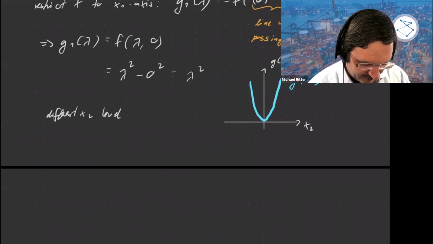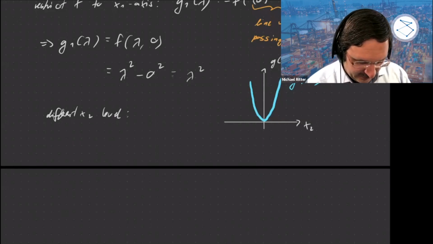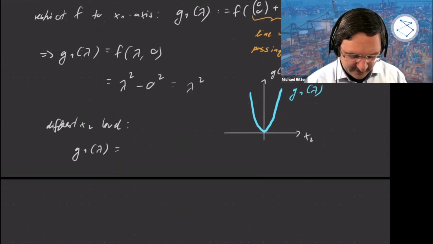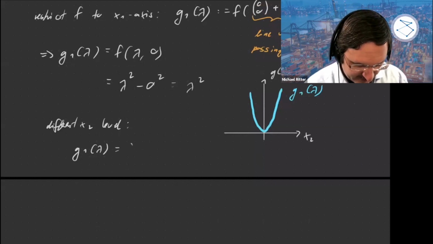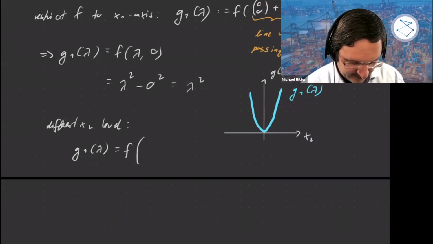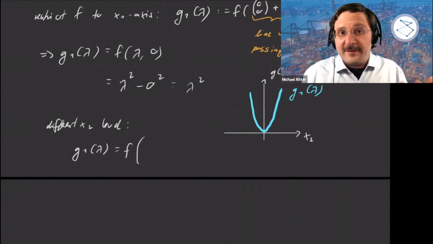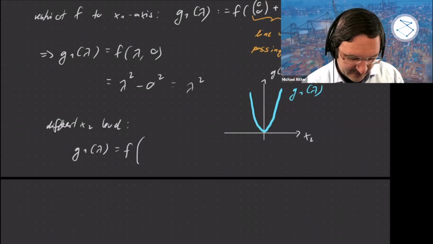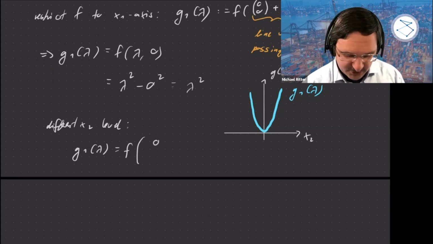Different x2 level. Then what we get is g1 of lambda, again, call that g1 of lambda. A different x2 level basically means that we evaluate f along the line given by the same direction. So we again have this lambda times 1, 0.